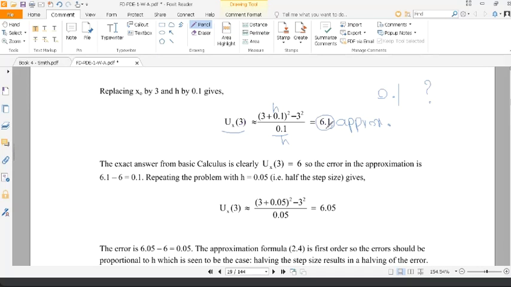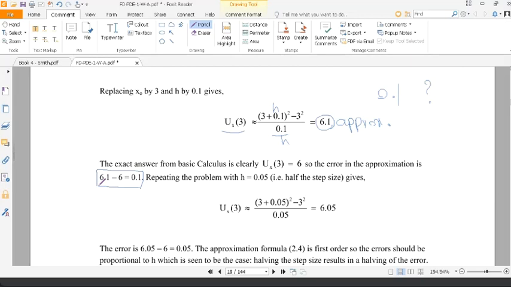And the error is 6.1 minus 6, and the error is 0.1. The difference between the approximate solution and the exact solution is the error, and the error is 0.1.